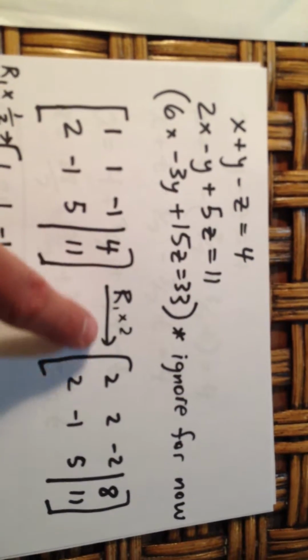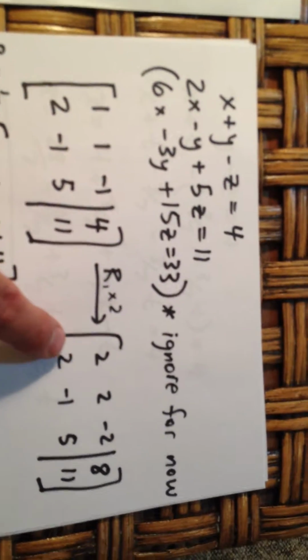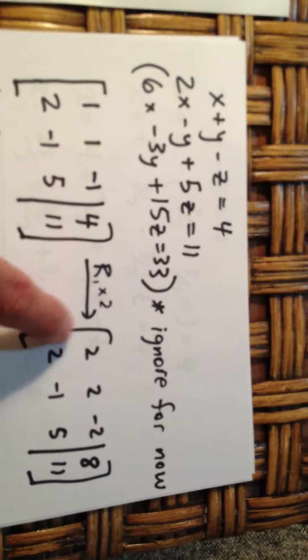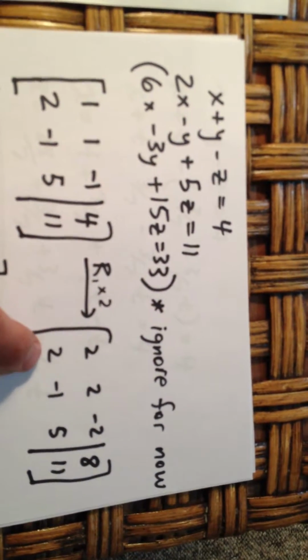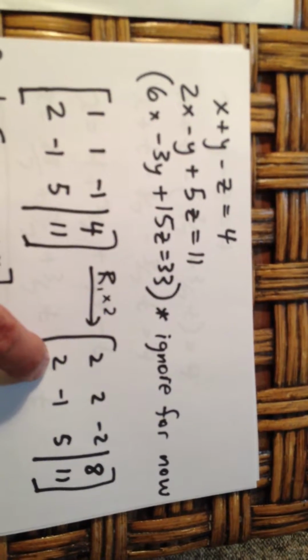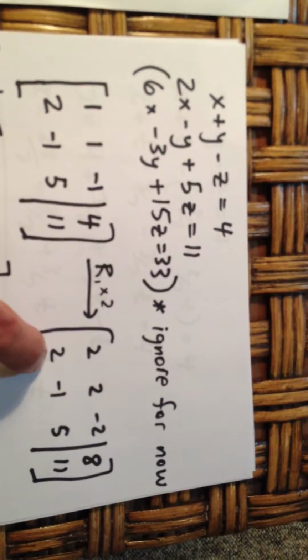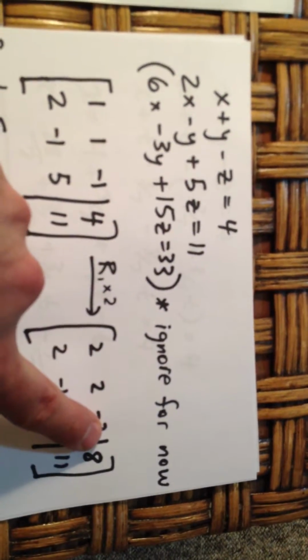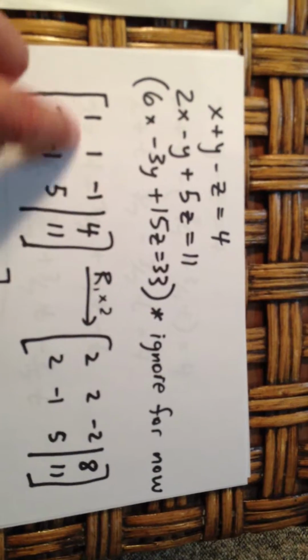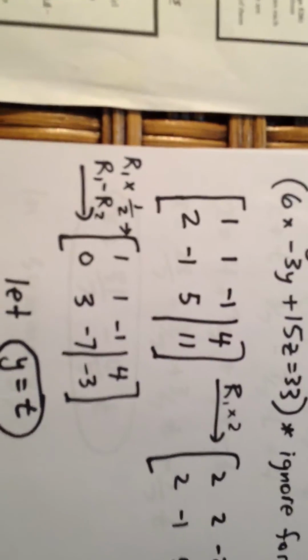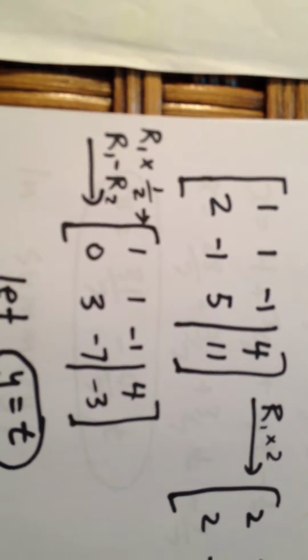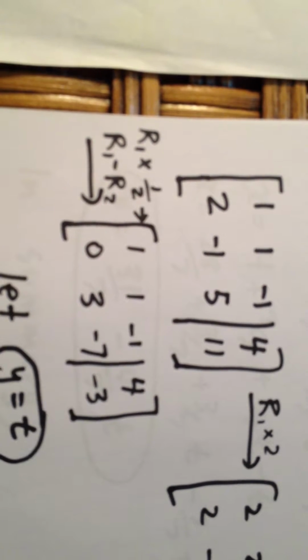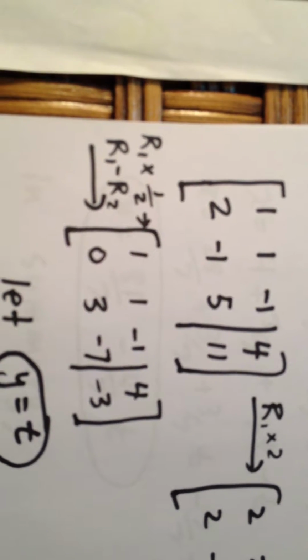We multiply row 1 by 2, and now we're in a position to subtract and eliminate that entry by my finger there. And while we do that, we can reduce row 1 back to the more simple numbers given here. And that is the matrix that we end up with in that second step.